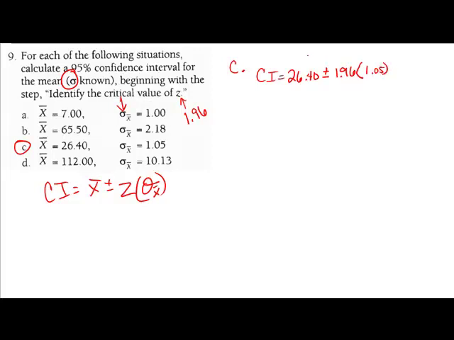So I'm using the equation of x bar plus or minus z times standard error. So hop on the calculator. 1.96 times 1.05 is 2.058 or 2.06. We're going to be consistent with our rounding.